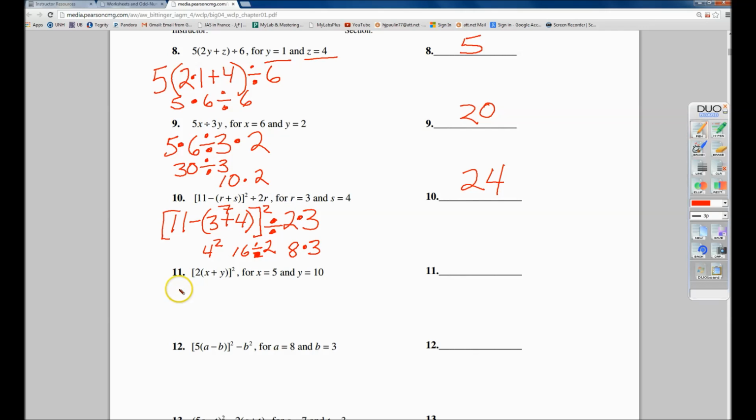Okay, next one. 2 times x is 5 plus 10. That's a bracket there. And we're going to square that. All right, 5 plus 10 is 15. 15 times 2 is 30. So 30 now squared is 900.